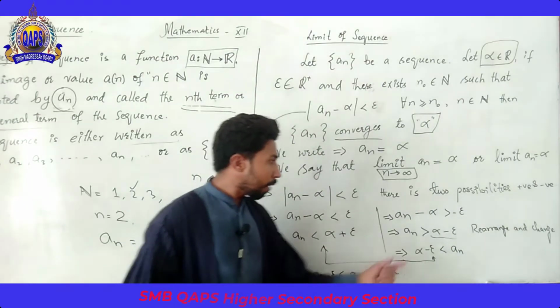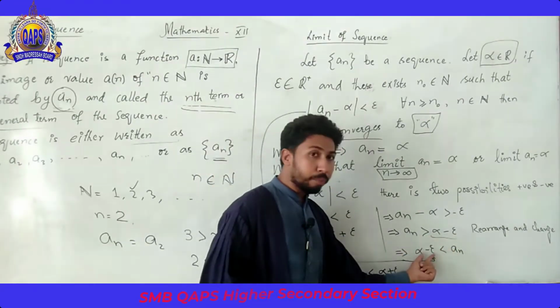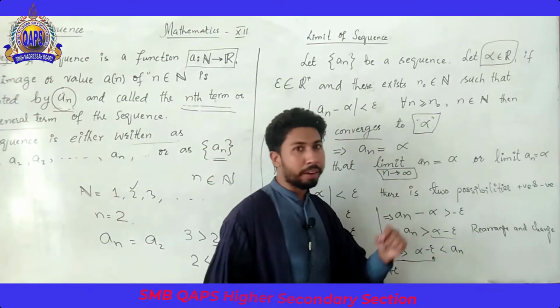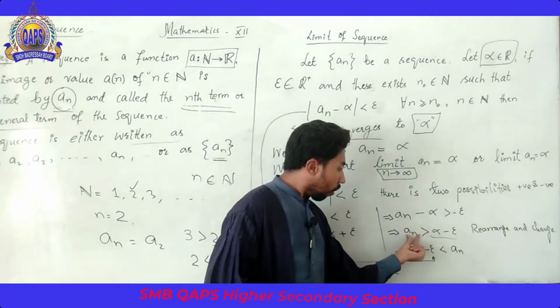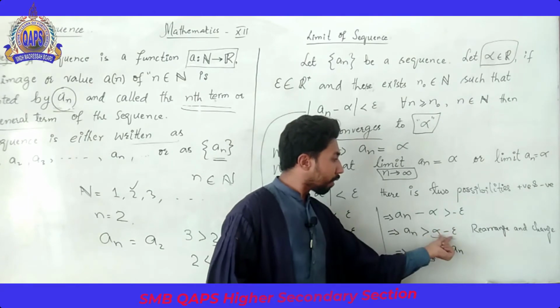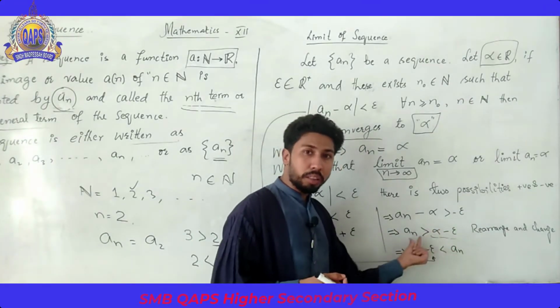So there is the same condition here: an greater than alpha minus epsilon. If we say that alpha minus epsilon is less than an, because here the general term is greater than this number and this number is less than this number.